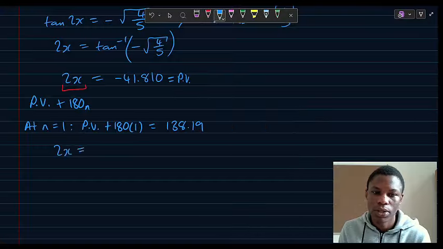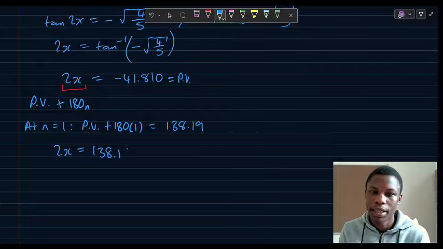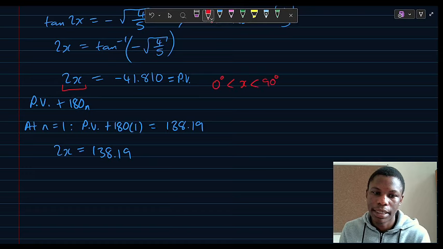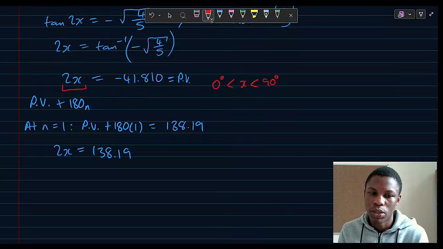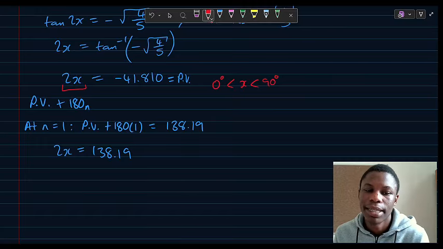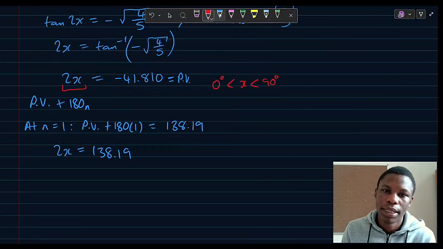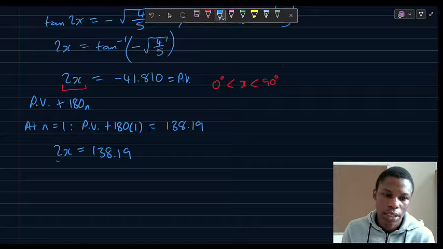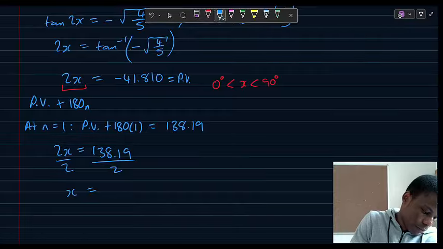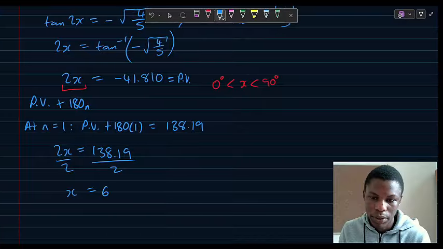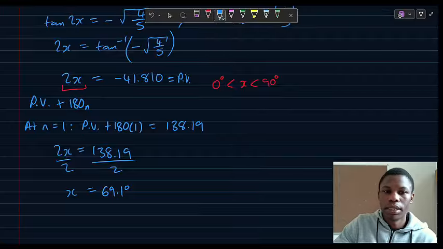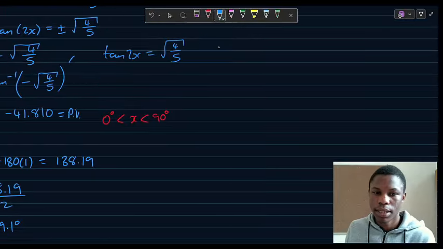So here 2x is equal to 138.19. Even though this may seem outside of our interval, which is 0 to 90, if we divide through by 2, it is actually less than 90 and fits within our interval. So dividing through by 2, x is equal to 69.1 degrees. Now we want to do the same thing with the other equation.